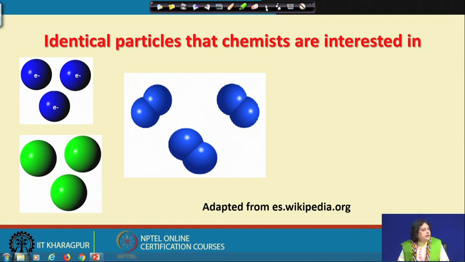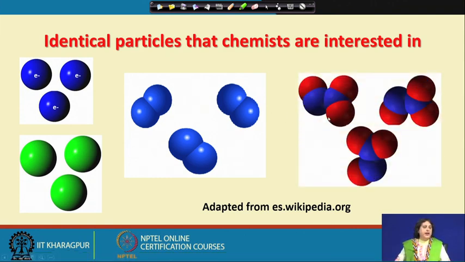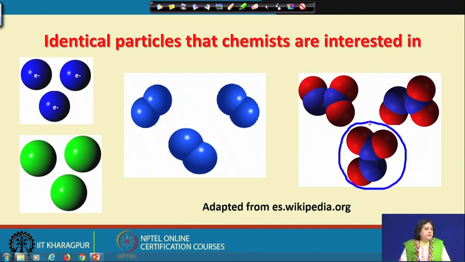Therefore, if I am looking at the property of these systems, then I must realize that the microscopic state of this system is going to be characterized by a set of identical particles. And here is another example where I have a much more complicated molecule. Look at this particular molecule.